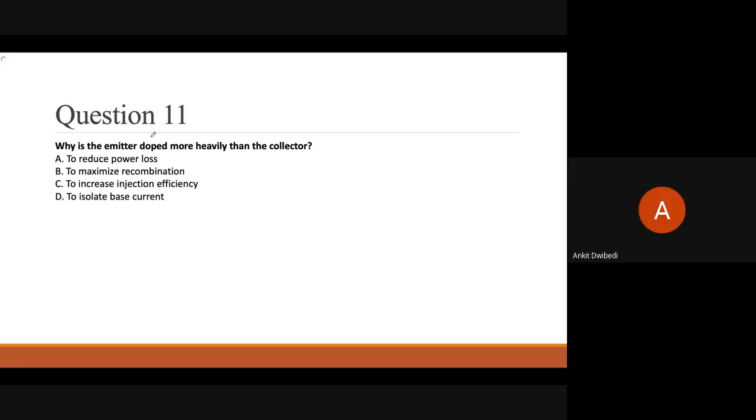Option C, ma'am. Okay. Any of you? Molly, what's the right option? Why is the emitter doped more heavily than the collector? Ma'am, is it C? Okay. Then Haripriya, yes, ma'am, option C. Rishika, ma'am, I think it's option B, to maximize the recombination. Ankit, what is the right option?